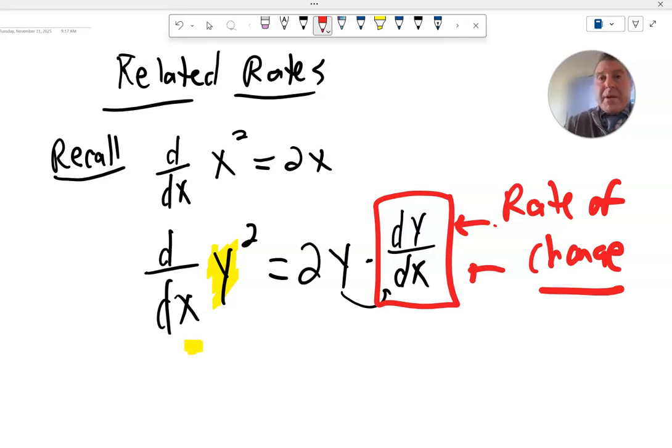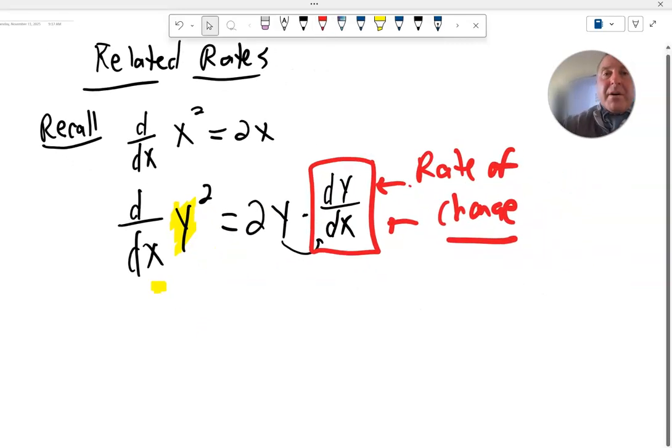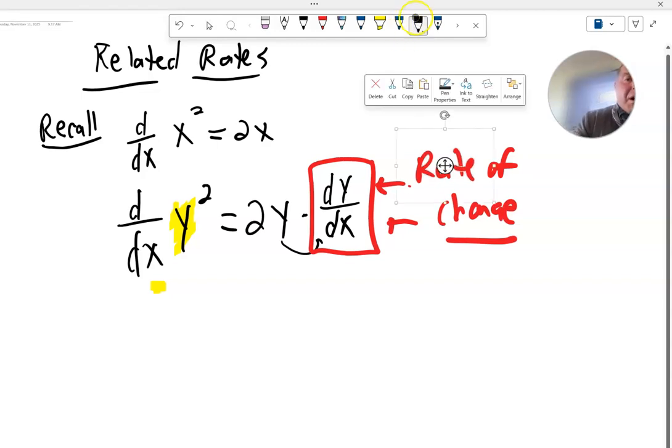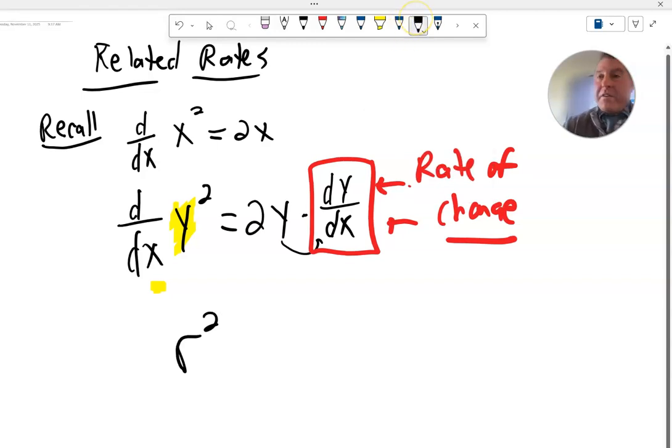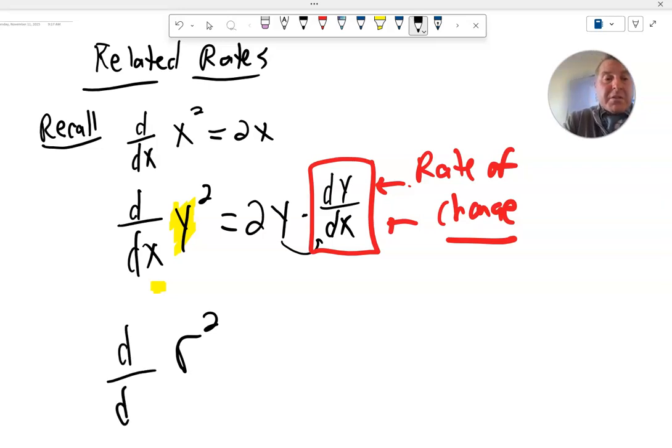We call that slope. What if, however, we said, suppose r, or even r squared, is the radius of a circle, and I want to differentiate with respect to t, time. So let t be time in seconds. When I differentiate r squared with respect to t, mathematically what I get is the same thing as the prior problem.